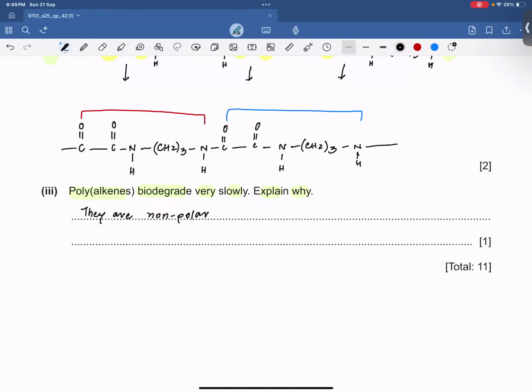So polyalkenes are non-polar hydrocarbons, do not have any functional group. Also, they have a strong carbon-carbon bond.